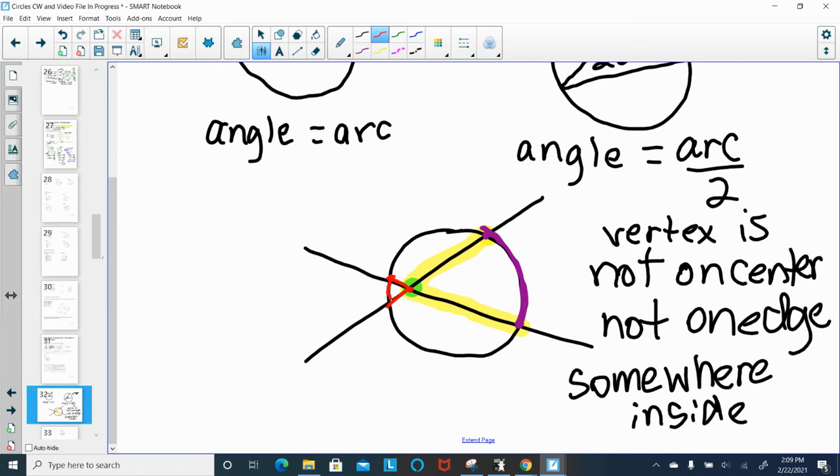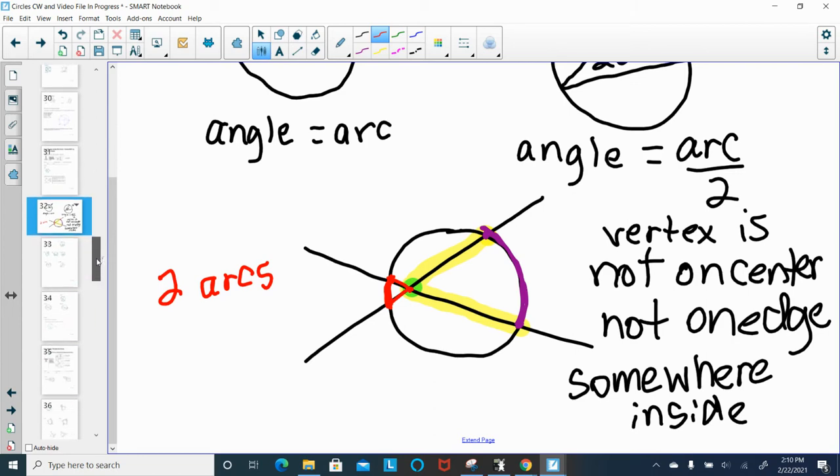So it also has this red arc. So instead of having one arc with our central angle or one arc with our inscribed angle, in this particular case, we have two arcs that are related to that angle. And we're going to learn about that today. So I just wanted to set that up for you.